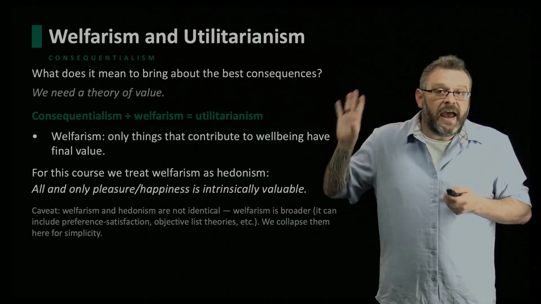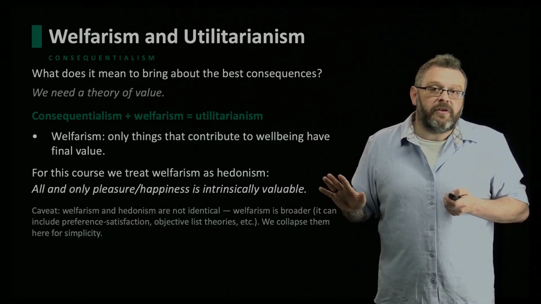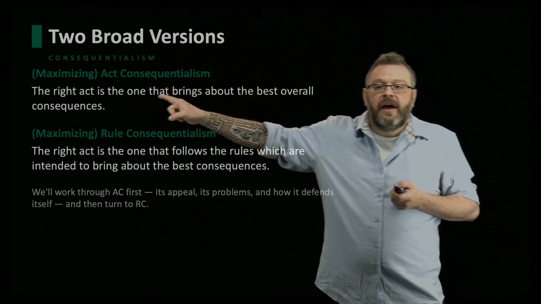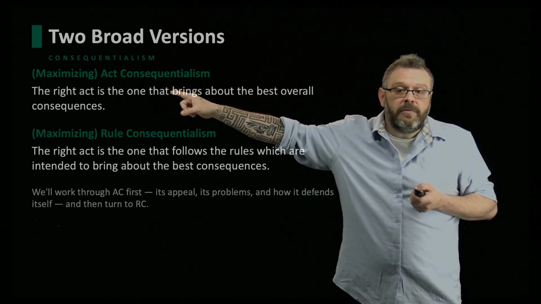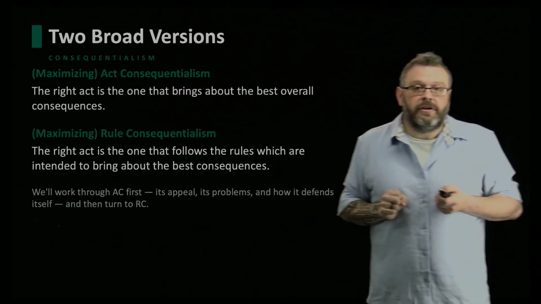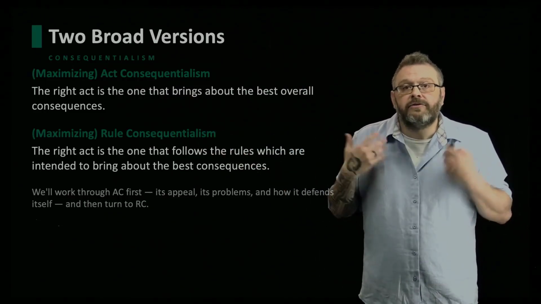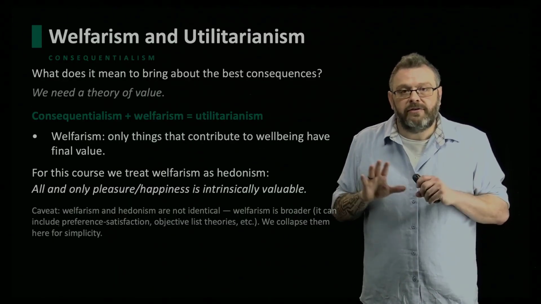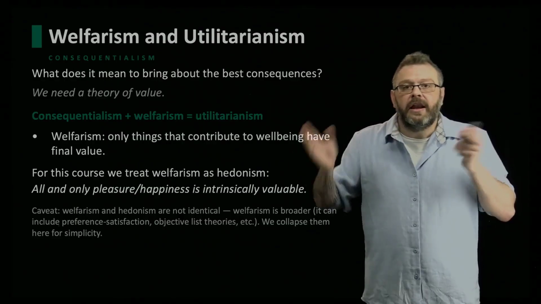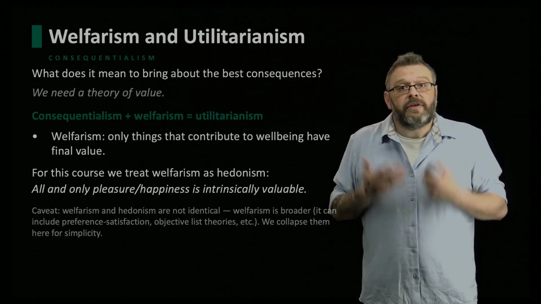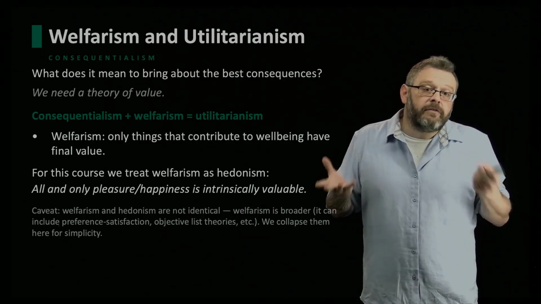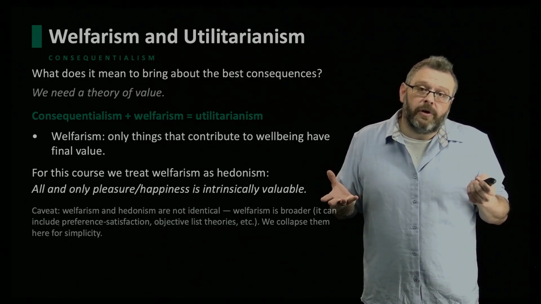And technically, we're going to be looking at act utilitarianism and rule utilitarianism. Those are the two theories that we're going to be looking at, comparing, contrasting, seeing arguments for and against. We'll start with act utilitarianism and look at some of the arguments in favor of it, as well as some of the problems for it. I'll see you then.